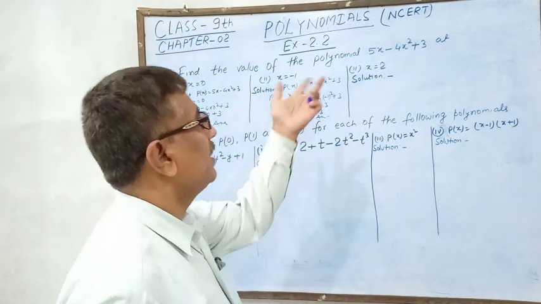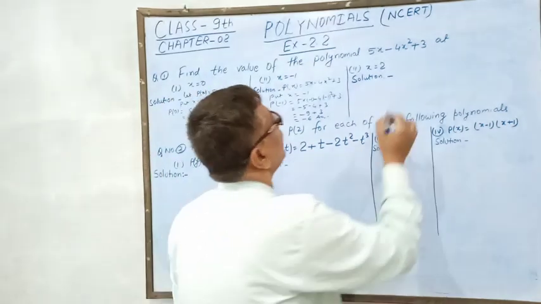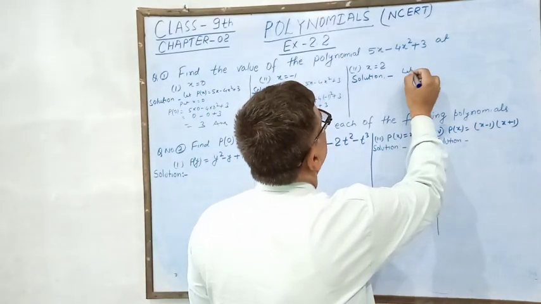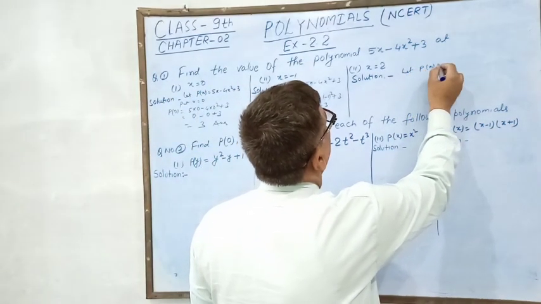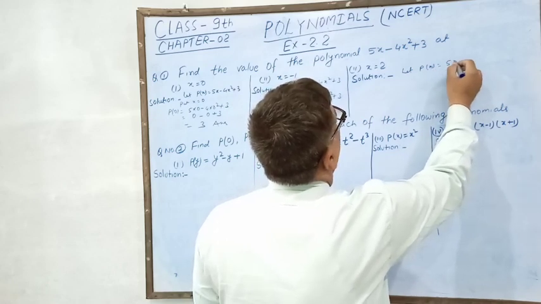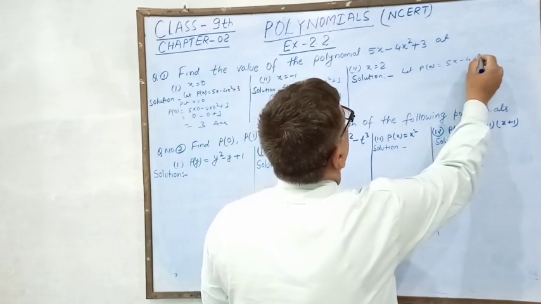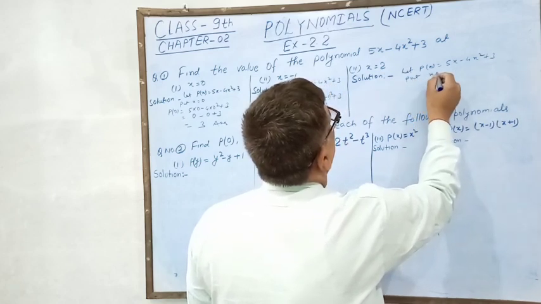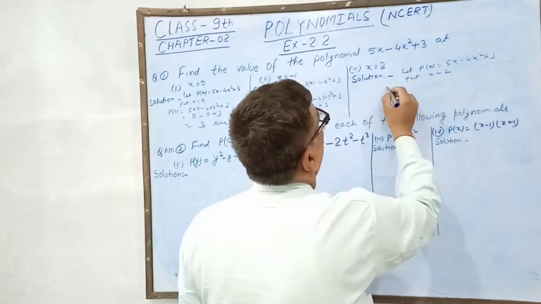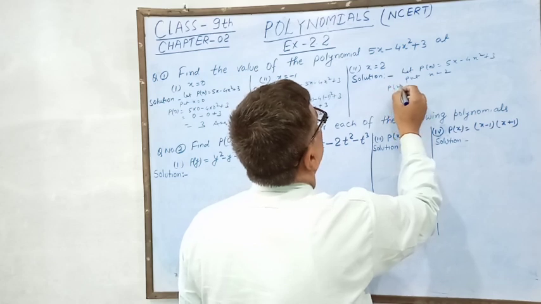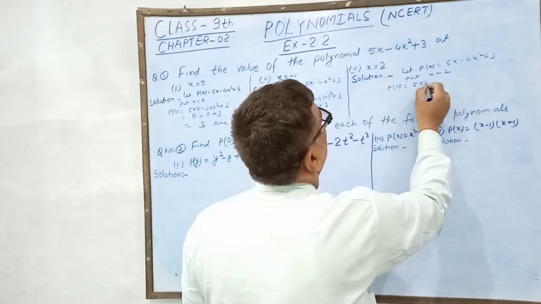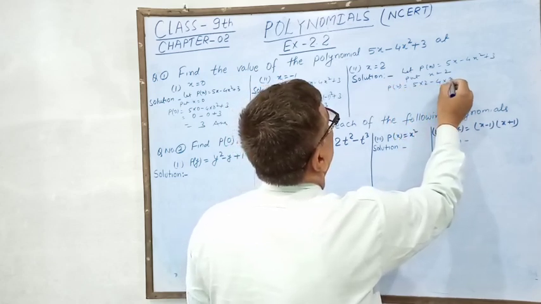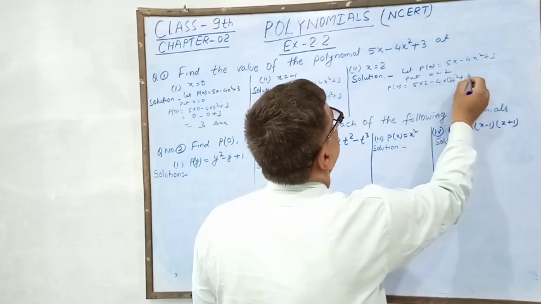So similarly you can do question number 3. Let px, first you write this 5x minus 4x square plus 3 and then we put the given value of x 2 on both sides. P of 2 is equal to 5 into 2 minus 4 into 2 square plus 3.